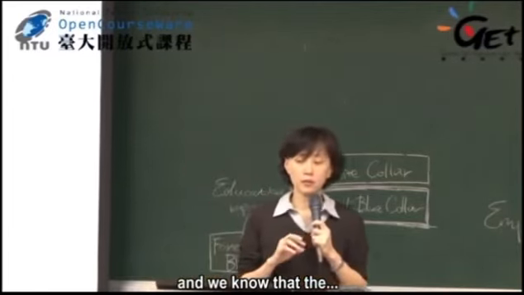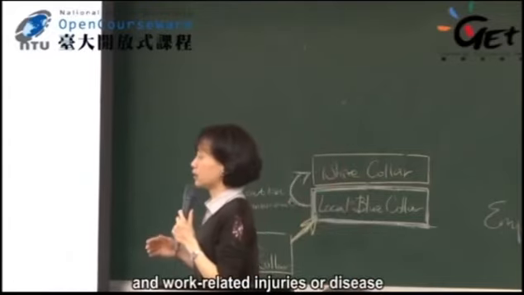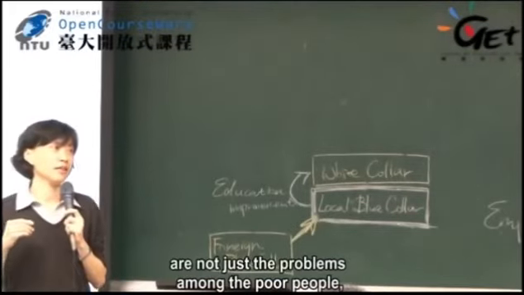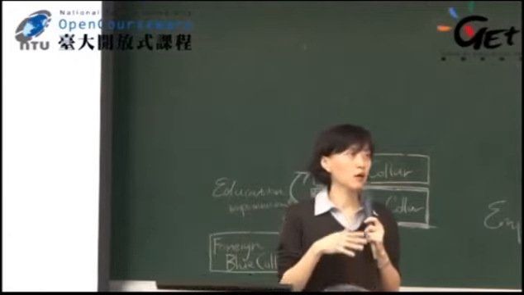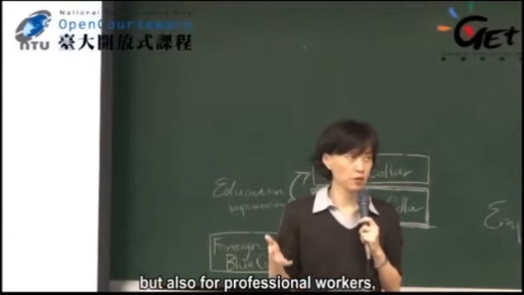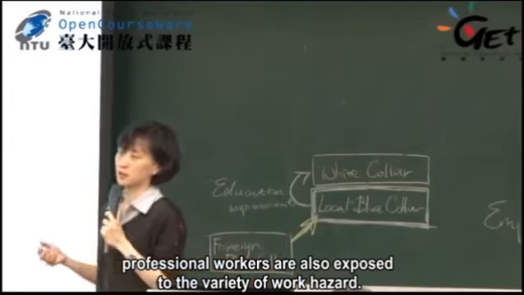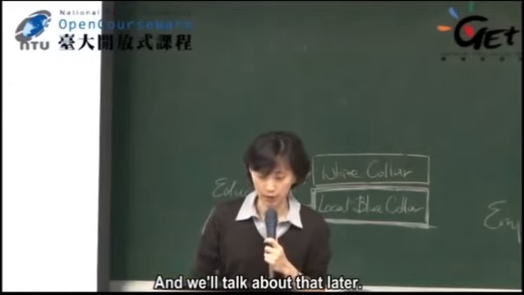We know that work is important for many people. Work-related injuries or disease are not just problems among poor people, but also for professional workers. Professional workers are also exposed to a variety of work-site hazards, and we will talk about that later.